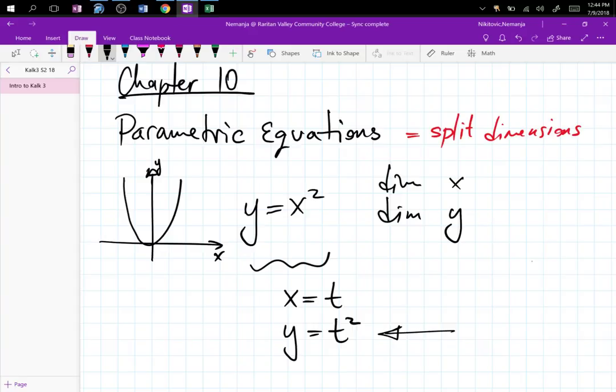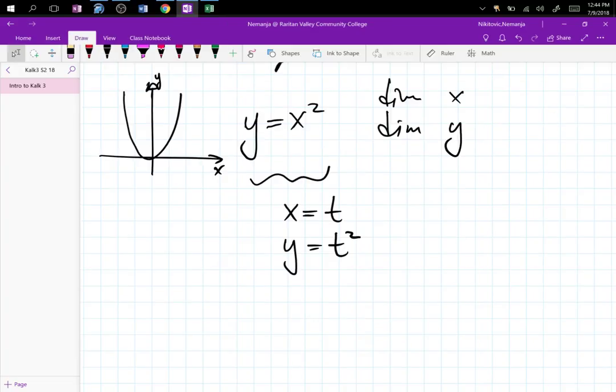Where this stuff is powerful is when you reach equations which are not functions. For instance, a circle, radius 3.